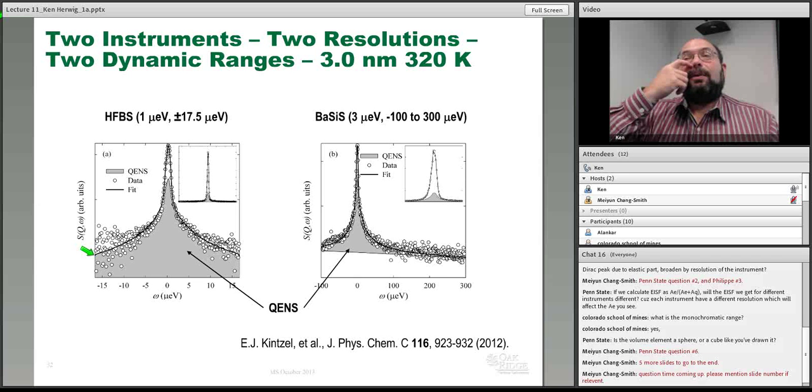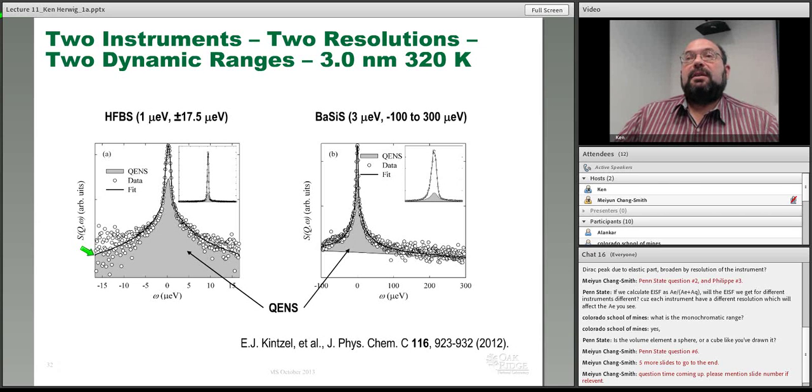So you'll start to see quasi-elastic scattering for large amplitude librational motions and for true rotational diffusion. You'll see that in the quasi-elastic broad Lorentzian component.